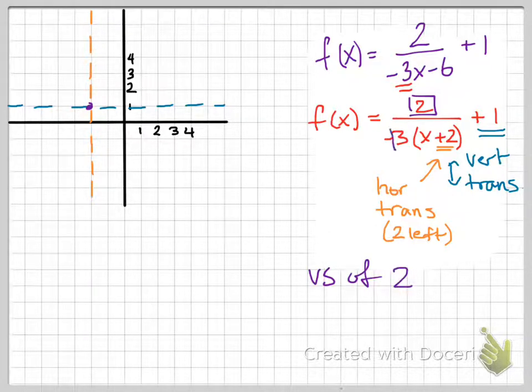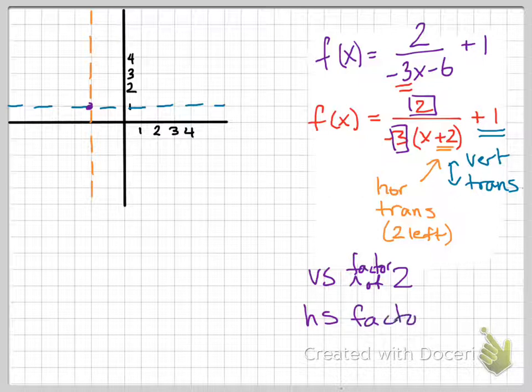And horizontally, there's a horizontal stretch by a factor of 3. So I shouldn't really say "of." I should say by a factor of. And it's a horizontal stretch by a factor of 3.